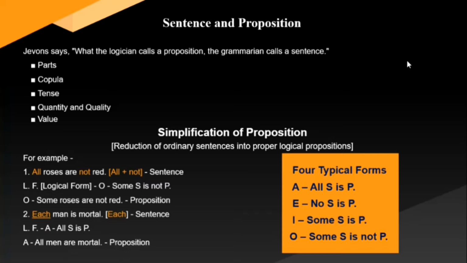In English grammar, a sentence is a combination of words conveying a definite meaning. In logic, a proposition is defined as the statement of a certain relation between two terms, namely subject term and predicate term.